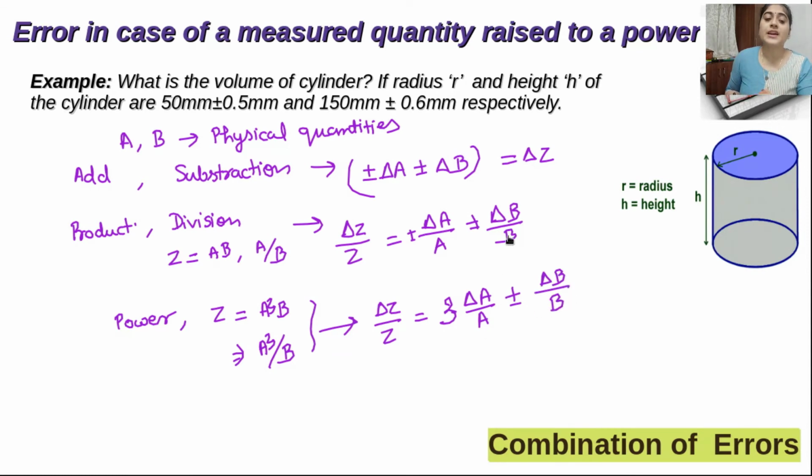So there are simply 2 rules. If addition and subtraction are there, you simply add the absolute errors. If product and division are there, you simply add the relative errors. And if power is there, you multiply that power only into the relative error of that particular physical quantity.